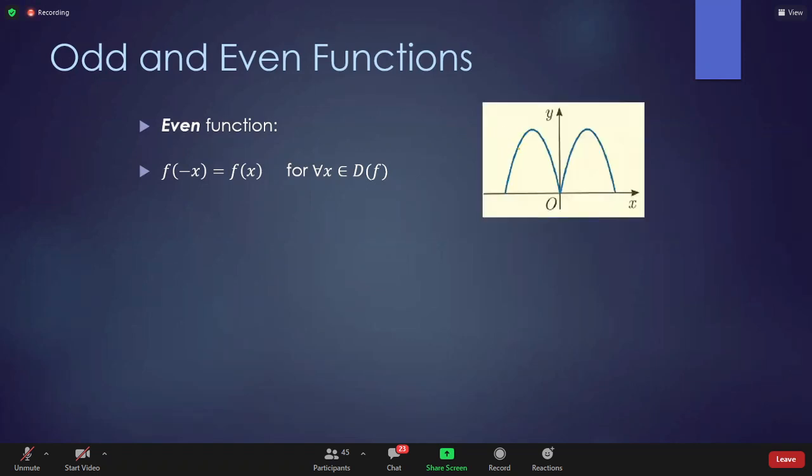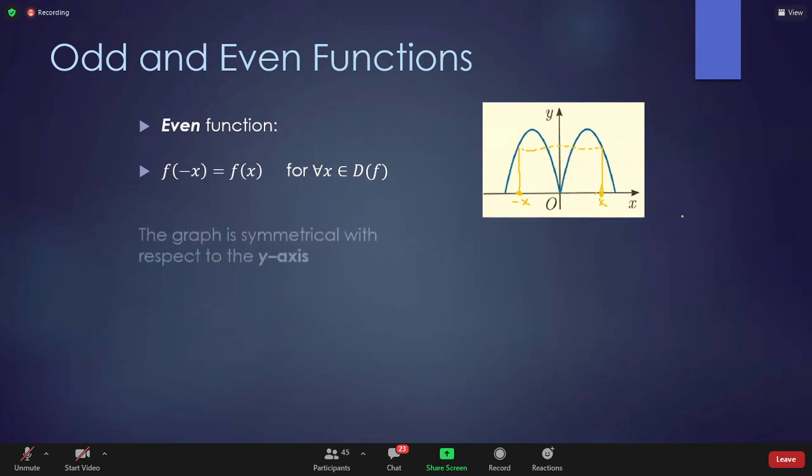We take two opposite x values, x and minus x, and for each such pair of exactly opposite x values, let's say this is x and this is the corresponding minus x, we see that the function value is exactly the same for all such pairs. You also see that the graph is symmetrical against the y-axis. So that's an even function.